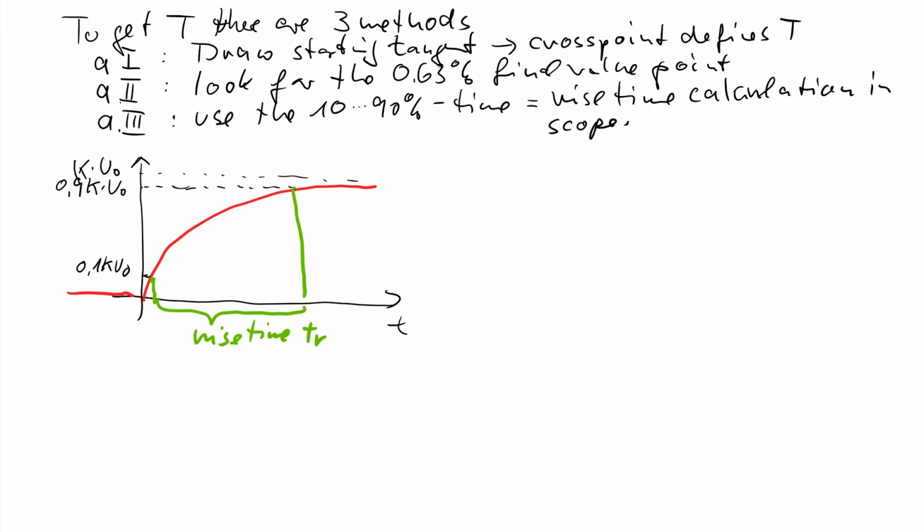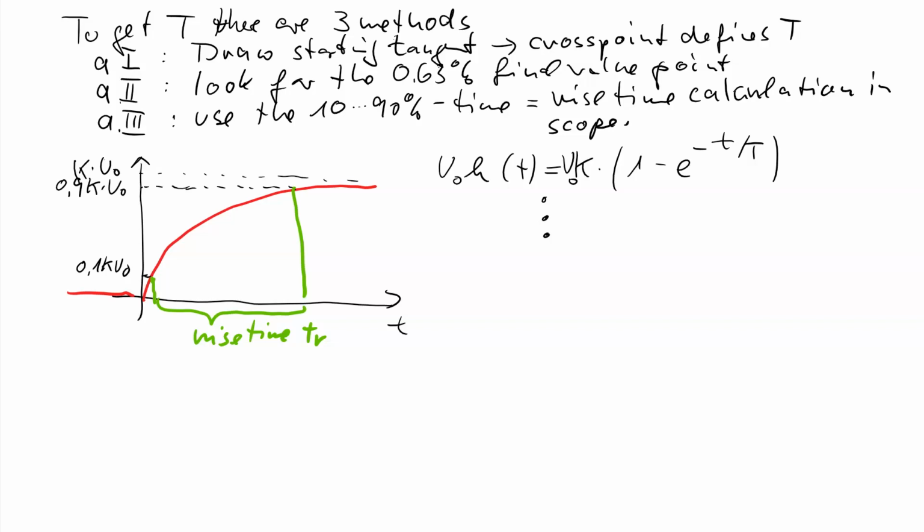And the rise time tr also is proportional to the time constant. You can now calculate with the mathematical h of t, which is K times 1 minus e to the power of minus t divided by time constant, the well-known exponential equation of the unit step response, of course multiplied with U sub O. You can then calculate, I don't want to do this here in detail, but with some steps you can solve this equation for the two cases.